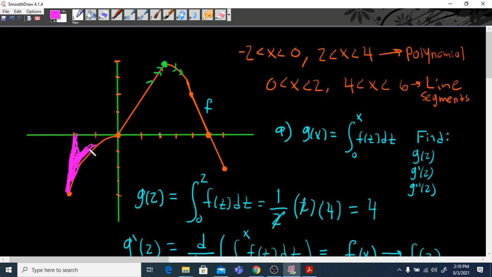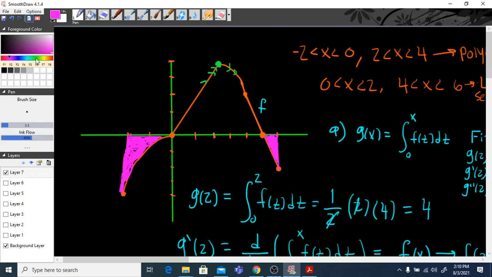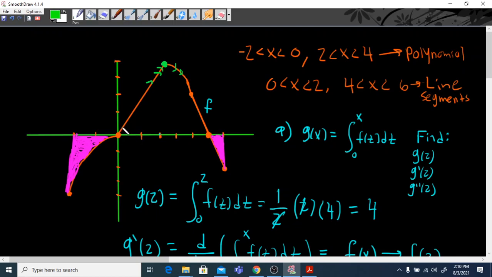This is negative. Okay, this purple accumulation here. And similarly, we're going to have a negative accumulation here as well. Because again, we have to go from -2 to 6. Okay, the positive accumulation is going to happen here. So this green accumulation is positive.